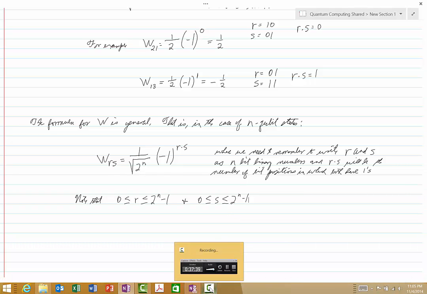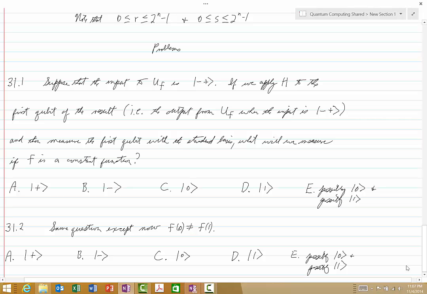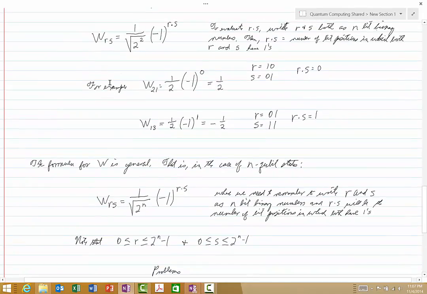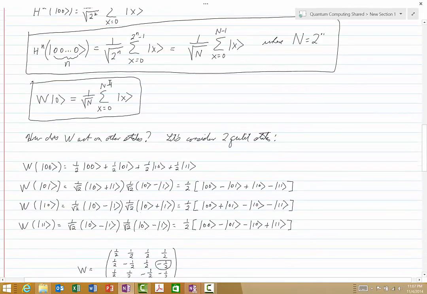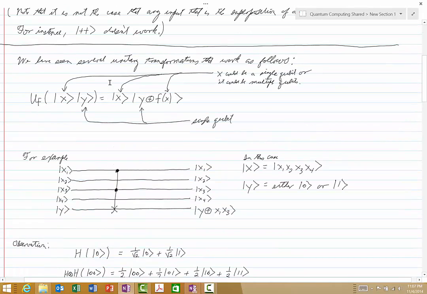And I think that I'll stop at that point and come up now with a problem. Okay, so since we started off this lecture talking about the Deutsch problem algorithm, I'd like to ask these first two problems about that algorithm, and then in the in-lecture part we'll cover something about the Walsh-Hadamard transformation, or this quantum parallelism.